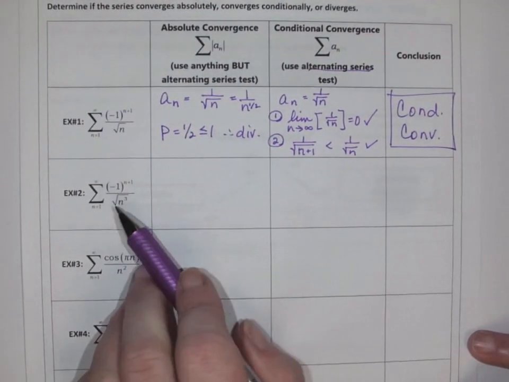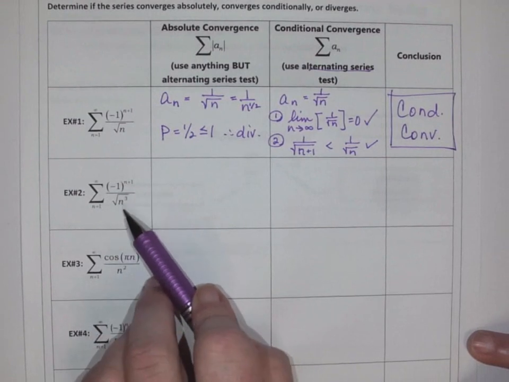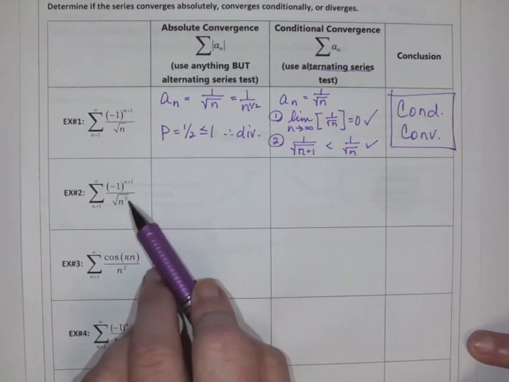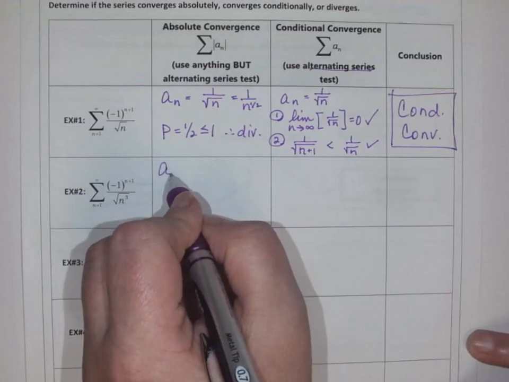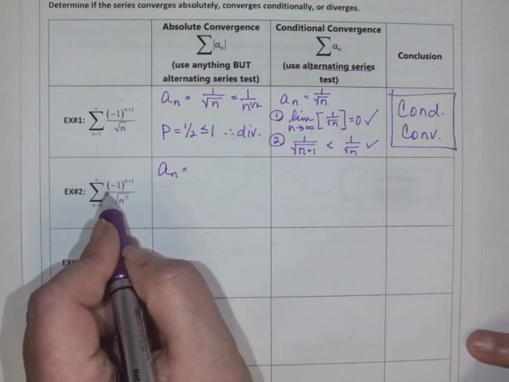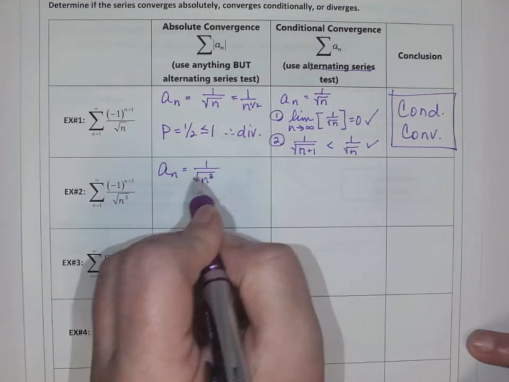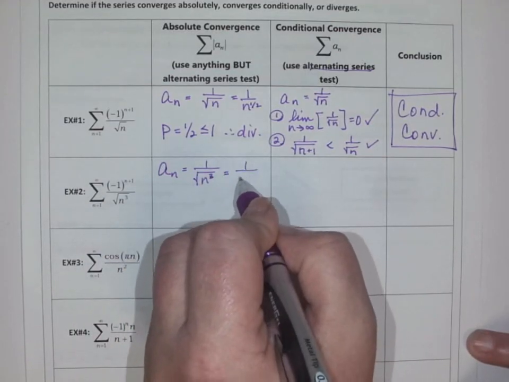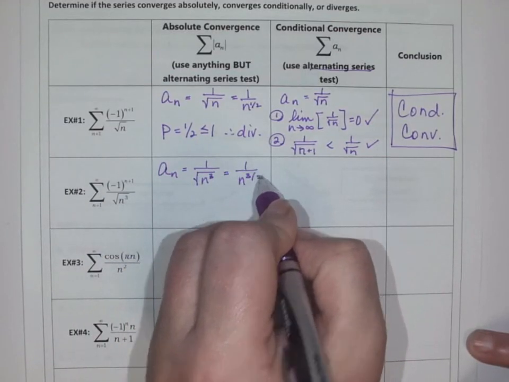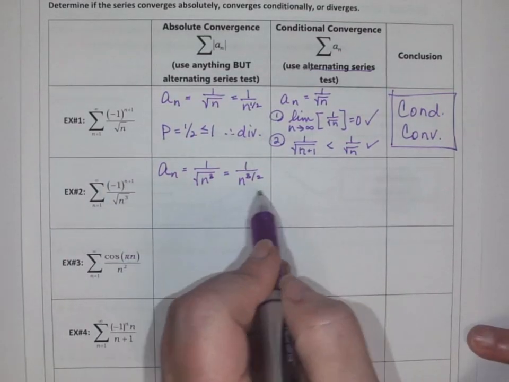Okay, let's look at the next guy. We have -1 to the n plus 1 over the square root of n cubed. So without the alternating piece, it would be 1 over the square root of n cubed, which would be 1 over n to the 3/2. It's another p-series.